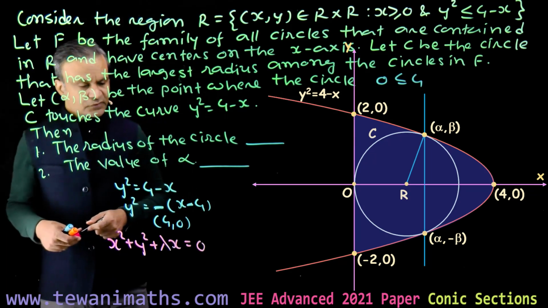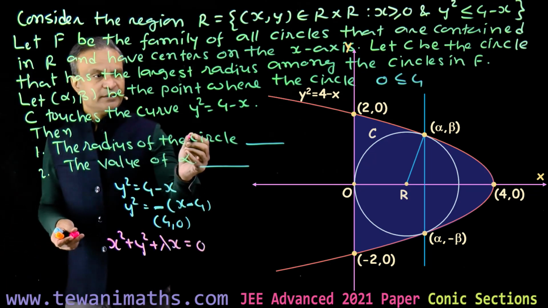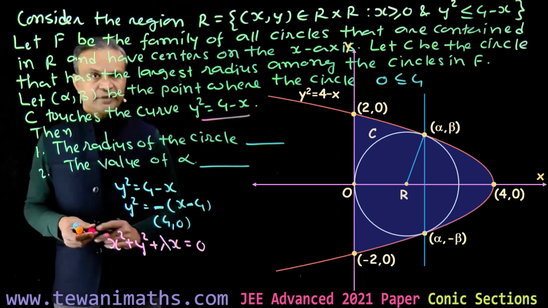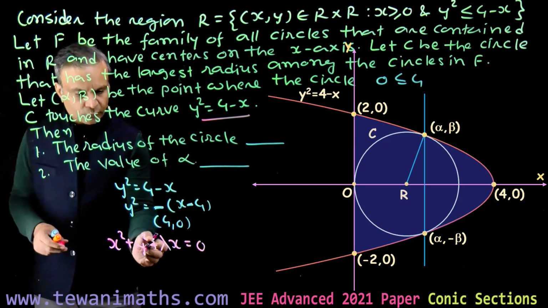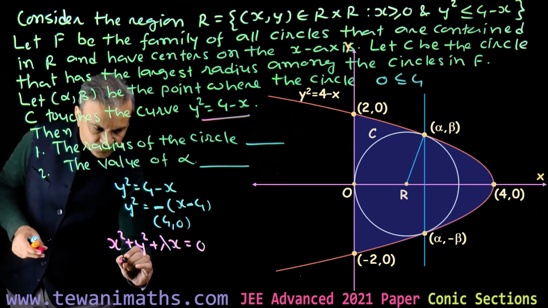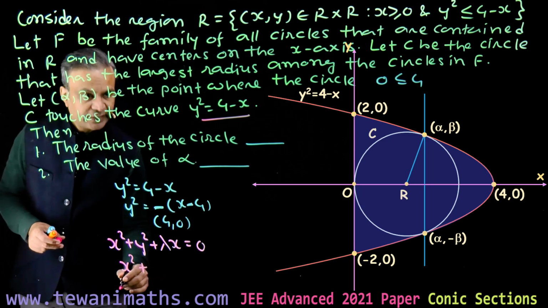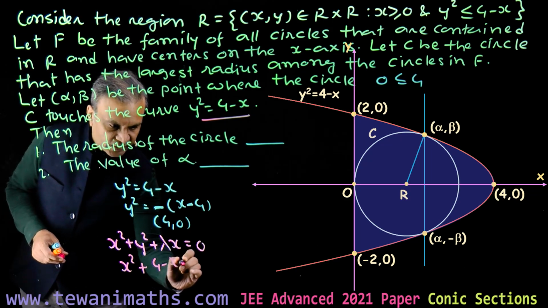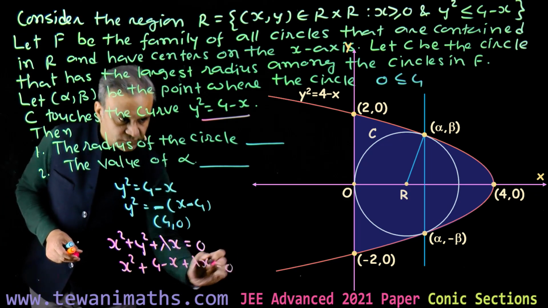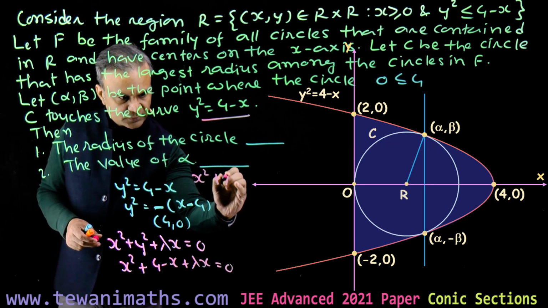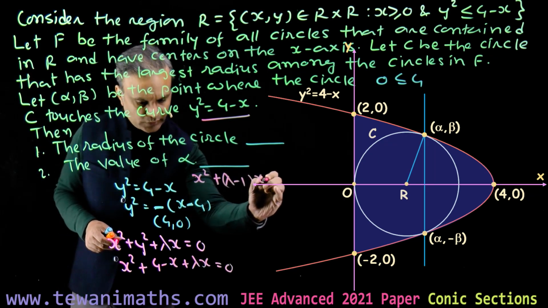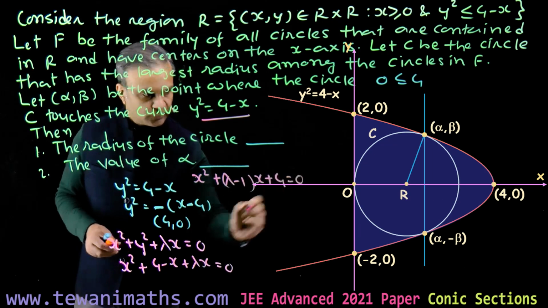Now this circle touches the parabola y square equal to 4 minus x. So for that, we solve these two equations. Put y square equal to 4 minus x. We get a quadratic in x, that is x square plus 4 minus x plus lambda x equal to 0, or x square plus (lambda minus 1) x plus 4 equal to 0.